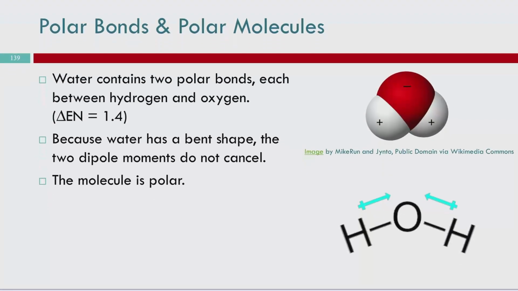So, for example, water. For polar molecules, water contains 2 polar bonds between our oxygen in the middle and our hydrogens on the outside. Water has the bent shape because our oxygen has lone pairs on it. And so the shape that it gets is bent.